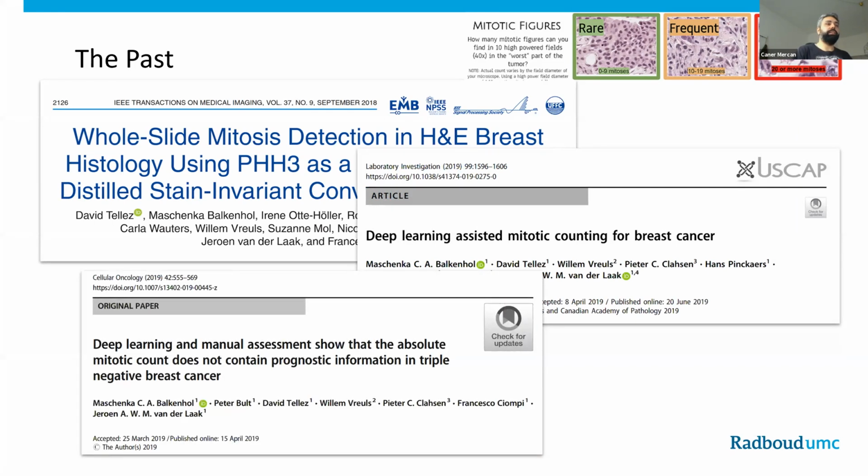As well as in another work based on, again, this method, we disproved, for example, one of the prognostic values, one of the molecular subtypes of breast cancer, which is called the triple negative breast cancer, in which we disprove, for example, that mitotic count is not prognostic at all. So it doesn't have any say in the final survival of the patient.